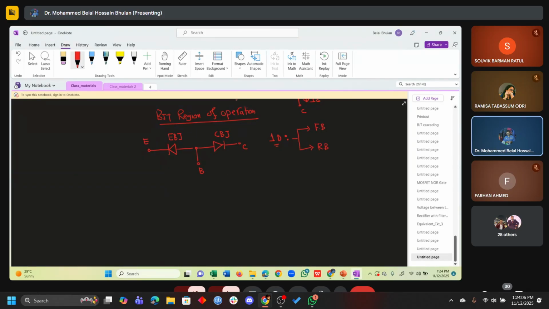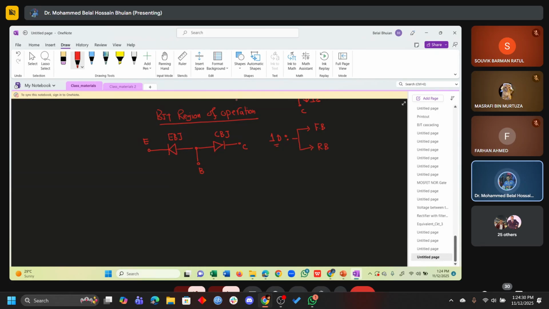I'm not talking about the current flow. I'm just talking about you have one diode. There are two ways you can bias it: either forward biased or reverse biased.